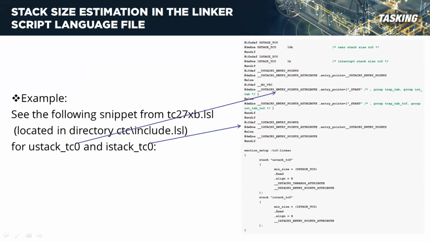Okay, so I get another question. The question is, what is context switching? Let's first define the context. The context itself is certain information that belongs to a certain task.